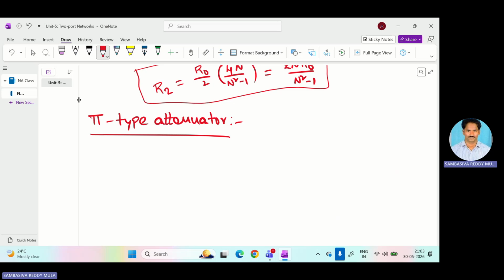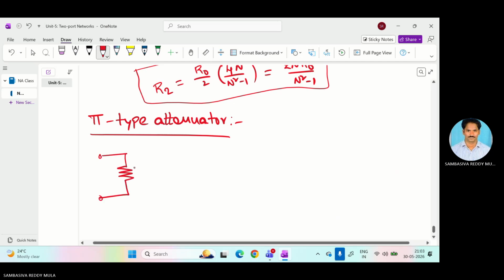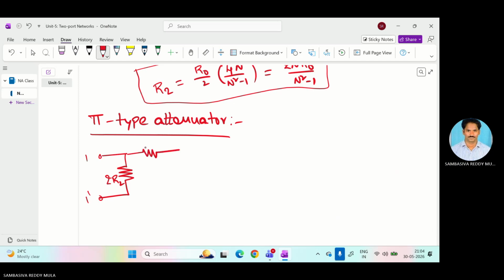A symmetrical pi-type attenuator can be like this: terminals 1, 1 dash, this is 2R2, this is R1, this is 2R2, and terminals 2, 2 dash.